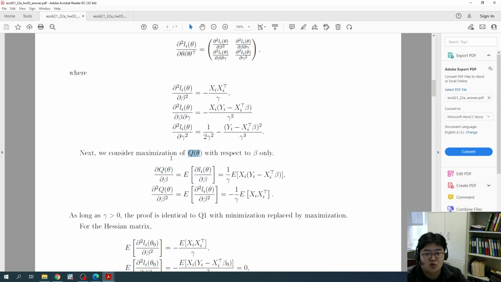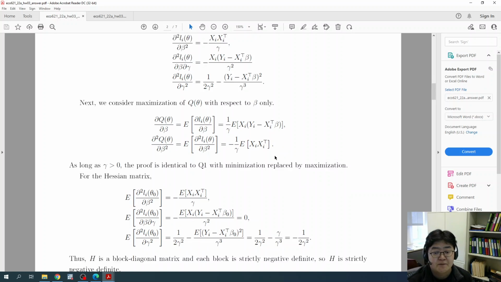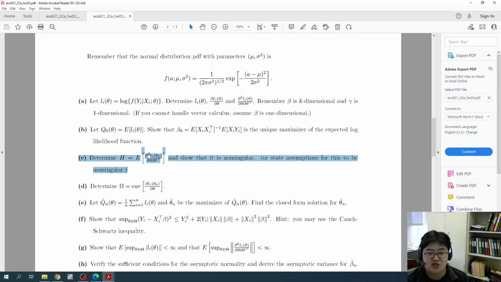Simple: first order condition, second order condition. Check the first and second order conditions, the same as before. I'm going to skip that. And the Hessian matrix. We need to check the Hessian matrix for this question.